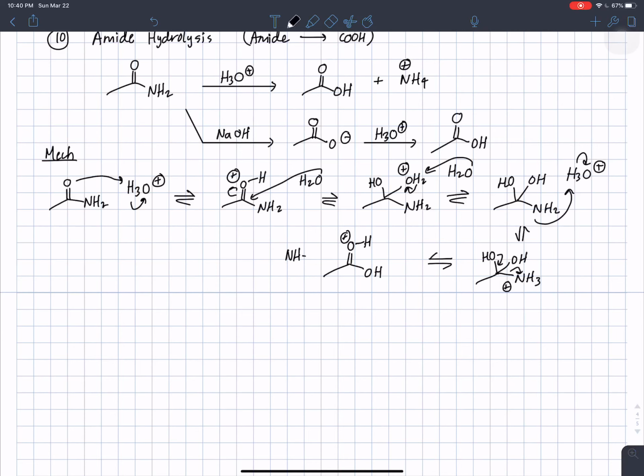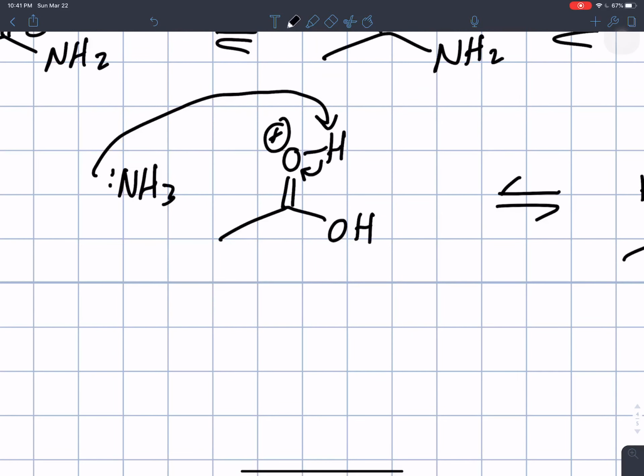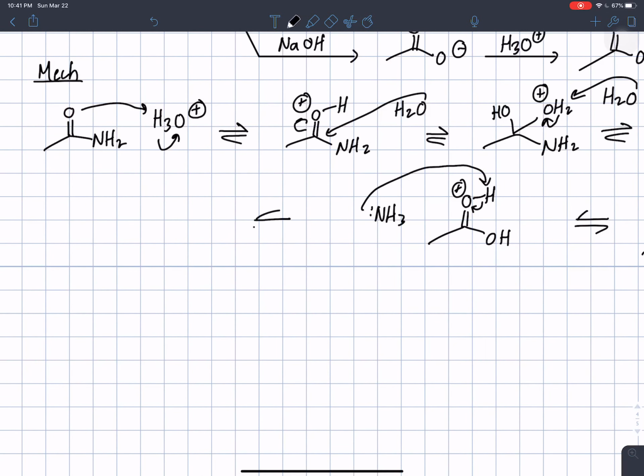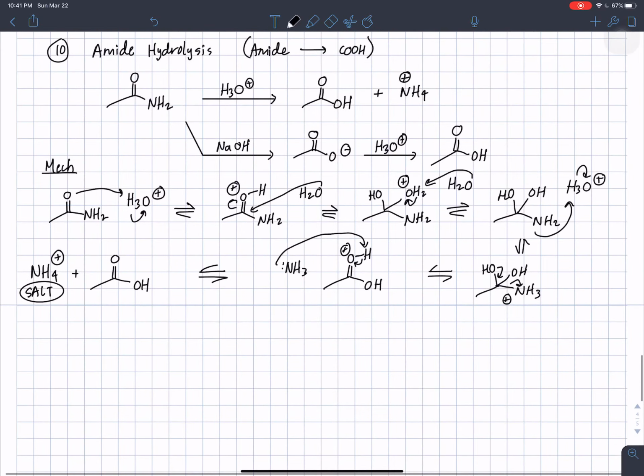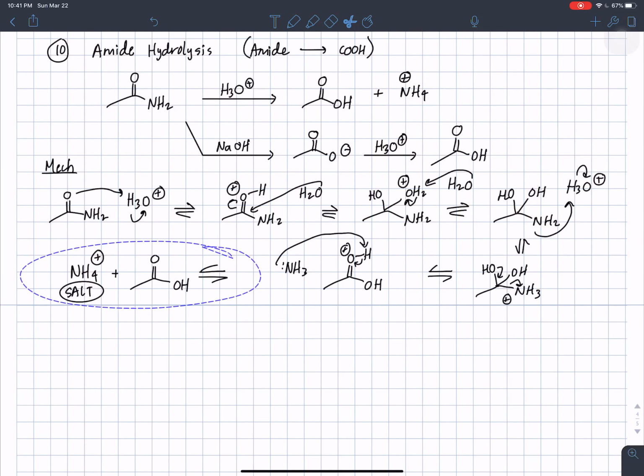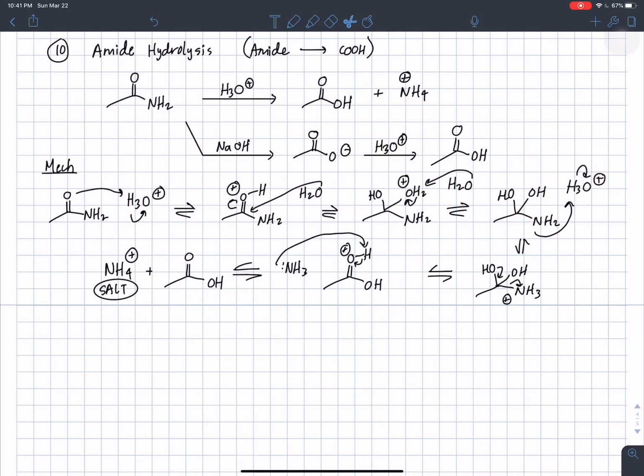So since you have NH3, which is a base, this can take off the H, just like that. And you get your final answer, which is this, plus NH4, which is your salt. Okay, so that's your mechanism. It's literally the same thing like we just did with esters, so you can pretty much just use that as a guide if you want to.